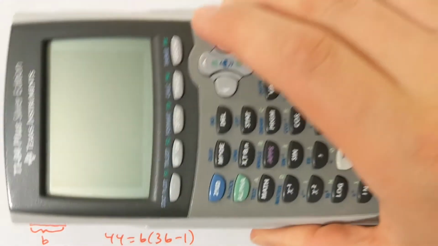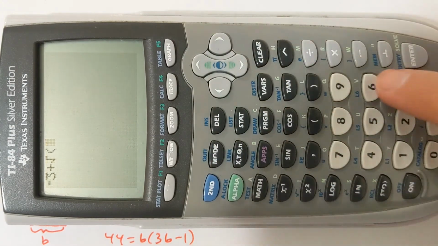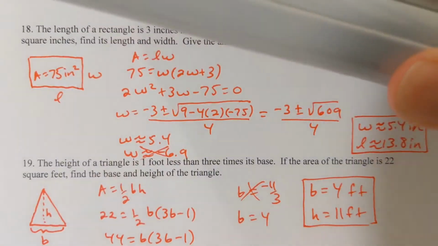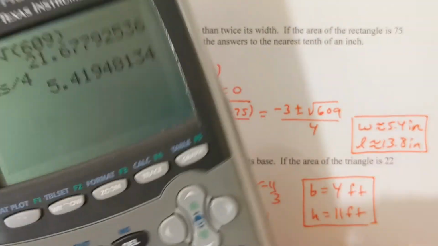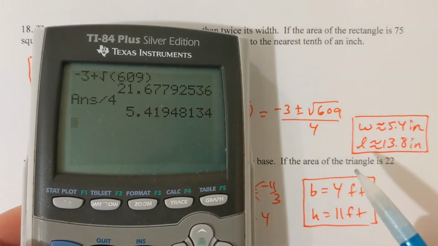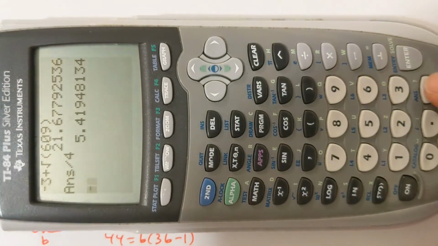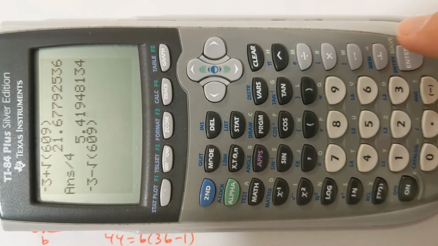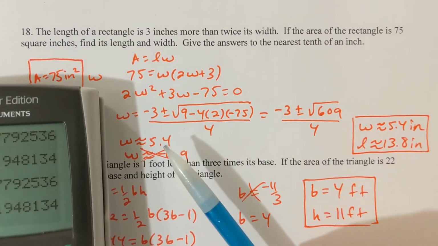We got negative 3 plus the square root of 609, enter, divided by 4. 5.4, if we go nearest one digit, okay, and then type in negative 3 minus the square root of 609 divided by 4 is negative 6.9. Okay, so that's what I got here, these two values.